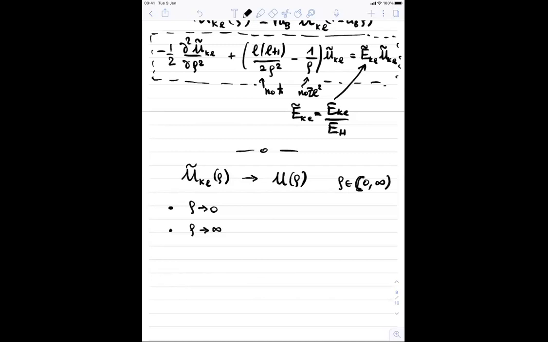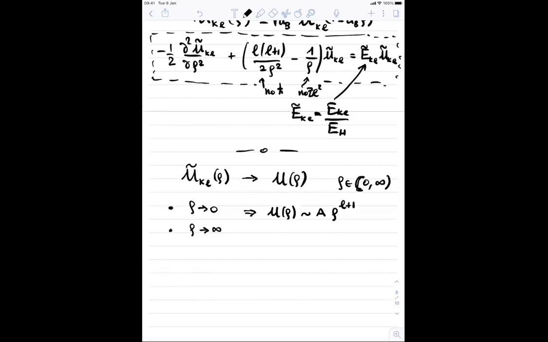And here you can show the following nice thing, that for rho going to 0, the fact that this equation makes sense commands that u of rho will go like a constant times rho to the L plus 1.